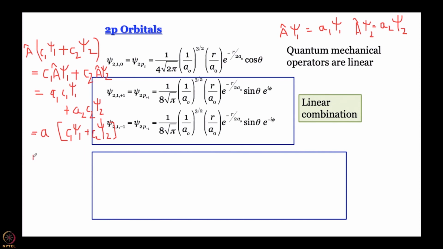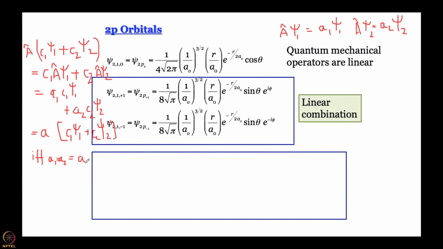This will happen only if and only if A1 equal to A2 equal to A. Or in other words, a linear combination of two acceptable eigenfunctions of an operator is also an eigenfunction provided the two wave functions have the same eigenvalue.